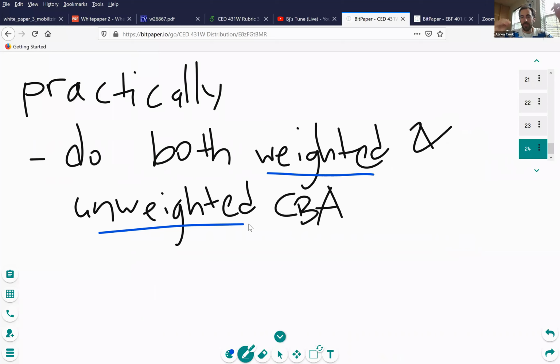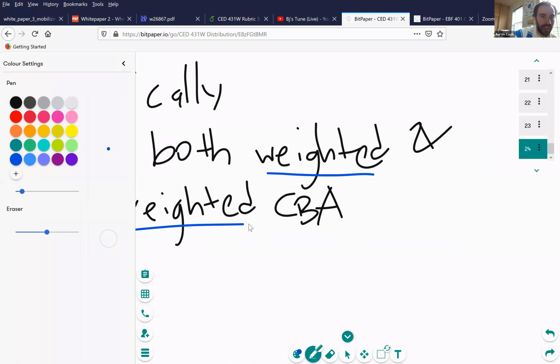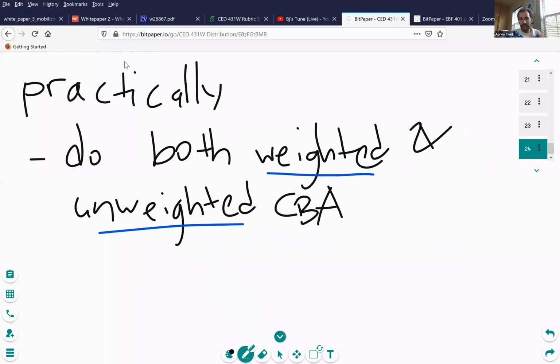Even if you're not weighting the different payoffs, having your benefit cost analysis be disaggregated according to who's winning and losing is a useful exercise and a very informative way of presenting your results.